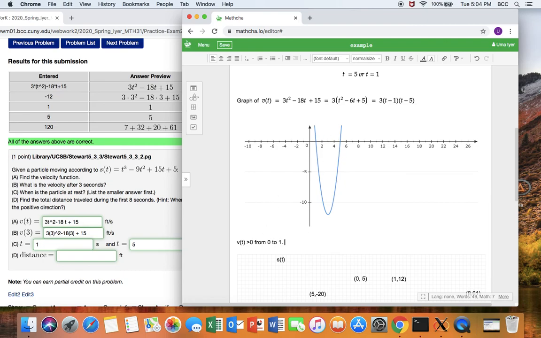The next step, v of t is below the t-axis from 1 to 5. v of t is less than 0, meaning negative, from 1 to 5. After 5, v of t is positive.